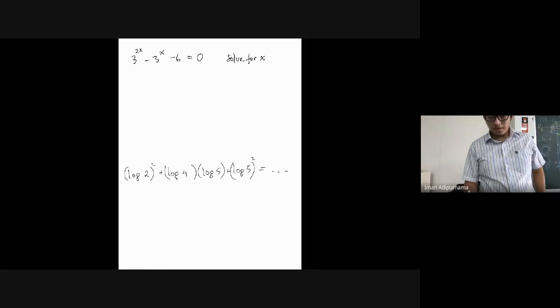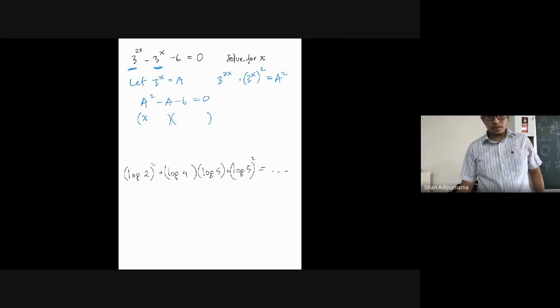So the problem is the exponent here, the 3 with the power of x. So let the 3 with the power of x equal some number a. If you have 3 with the power of 2x, you can write this as 3 with the power of x, squared, and you can write this as a squared. So a squared minus a minus 6 is equal to 0. You can factorize this. Oh, no, it's a.